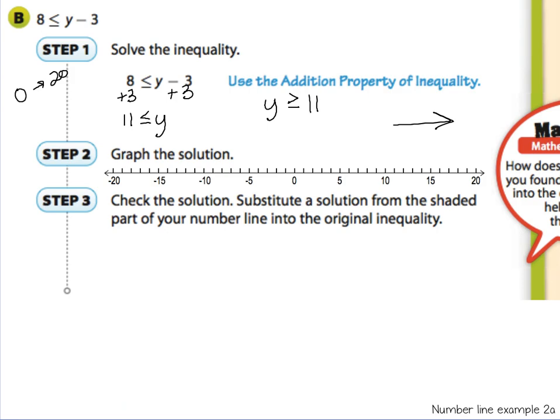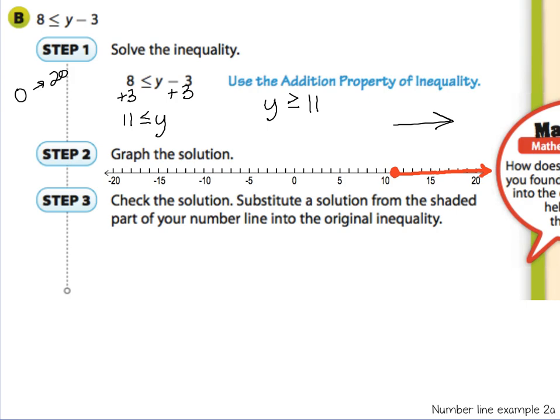All right, so it's greater than or equal to, so now I'm going to plot my point. In this case, it's 11, and it's a closed dot because it can include 11. So y is greater than or equal to 11. It's all numbers 11 and larger. So I draw my line on all the numbers that are larger than 11, and then I draw an arrow because there's still more numbers that are available past 20.